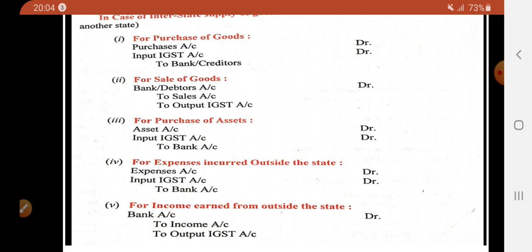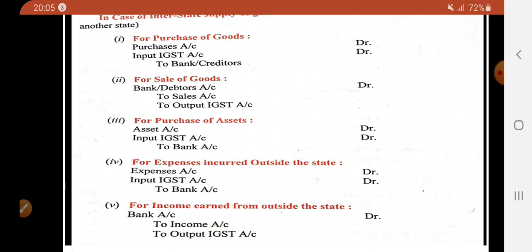For expense incurred outside the state, whenever expense is incurred we have to include our GST. So if it is outside the state, we will debit the expense and debit the input IGST, to bank if it is paid by check, to cash if it is paid in cash. And the fifth one here is income earned from outside the state.